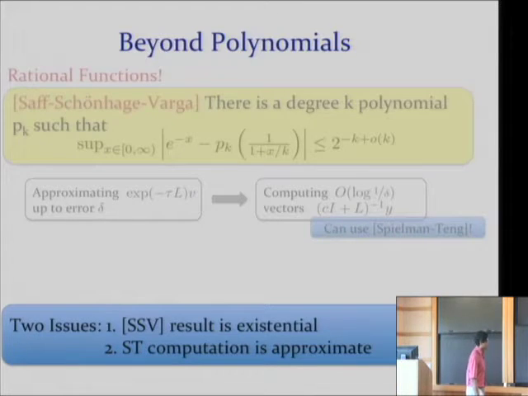Good, but it has two major problems. One, this result is existential. Two, it gives you an algorithm, but it's not such a nice algorithm. The constants that you get are not so easy to compute.